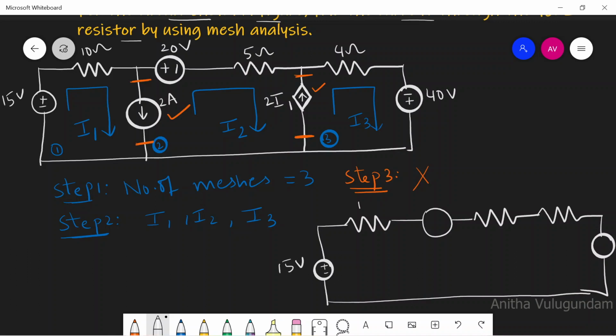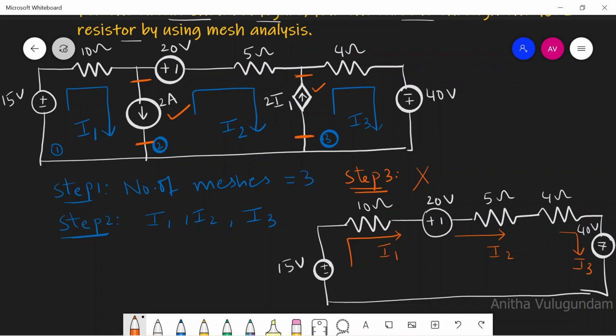Fifteen volts, 10 ohm, 20 volts, 5 ohm, 4 ohm. This is 40 volts. Current flowing will be as it is, I1, I2, I3.